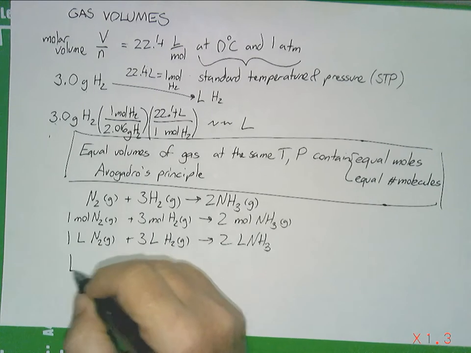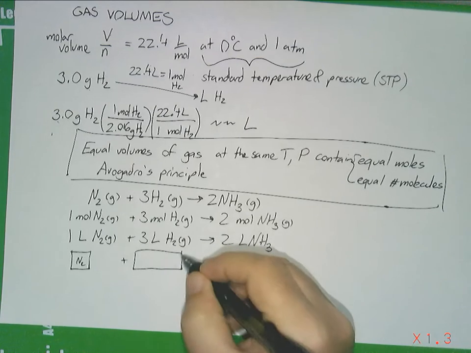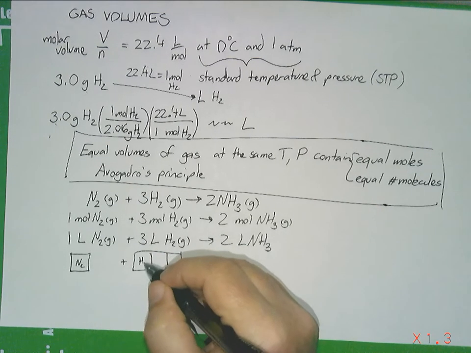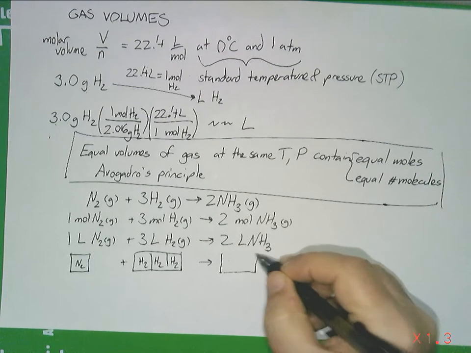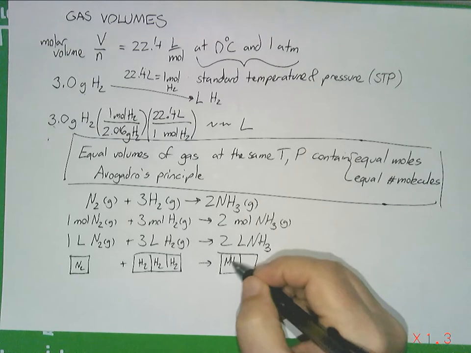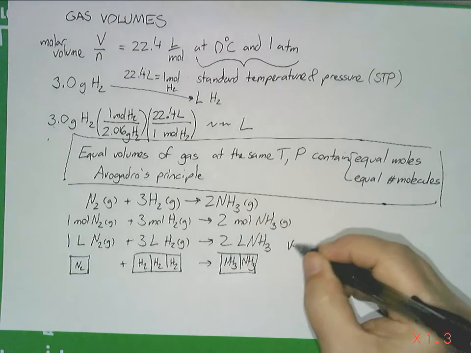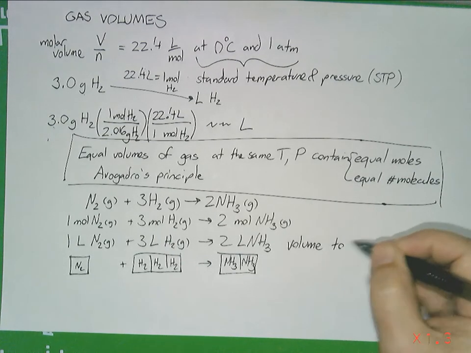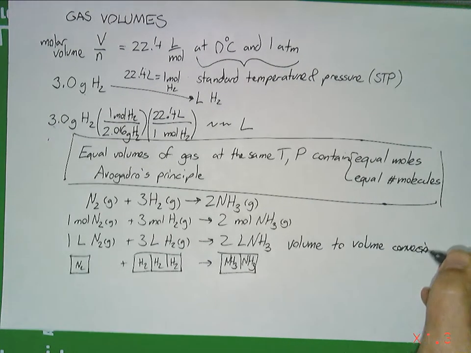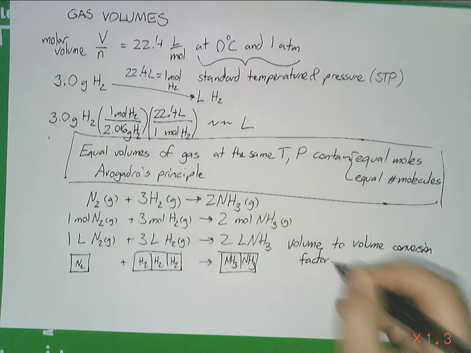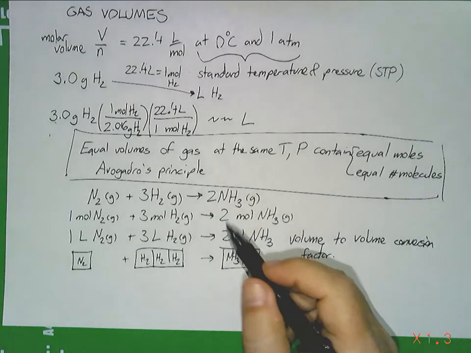So it's like 1 box of N2 plus 3 boxes of H2 is going to give me 2 boxes full of NH3. So I have a volume to volume conversion factor from this. If I interpret the equation just with liters instead of with moles, Avogadro's principle lets me do that.